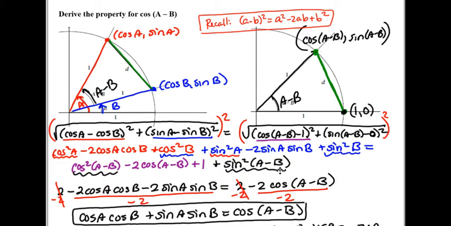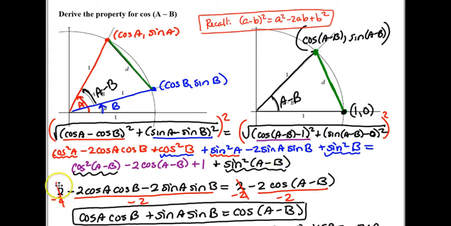Now, I can simplify this by noticing that I have a cosine squared of a and a sine squared of a. And based on the Pythagorean property, cosine squared of a plus sine squared of a is 1. Cosine squared of b plus sine squared of b is also equal to 1. So I have 1 plus 1, which is 2, minus 2 cosine a cosine b minus 2 sine a sine b.